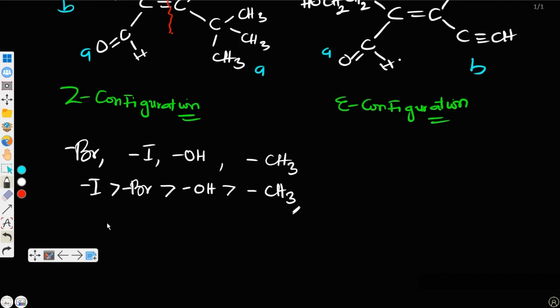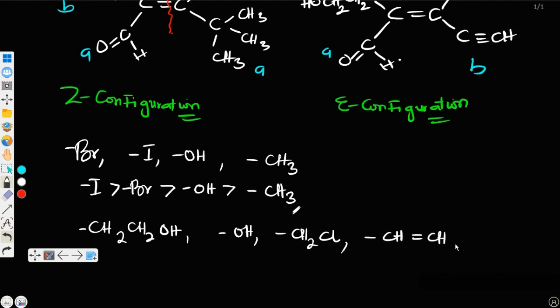Alright, so the next one is B. Let's assign priority to these ones. CH3. No, CH2, because it's a substituent. CH2OH, and then you have OH, and then you have CH2Cl, then you have CH double bond CH2.